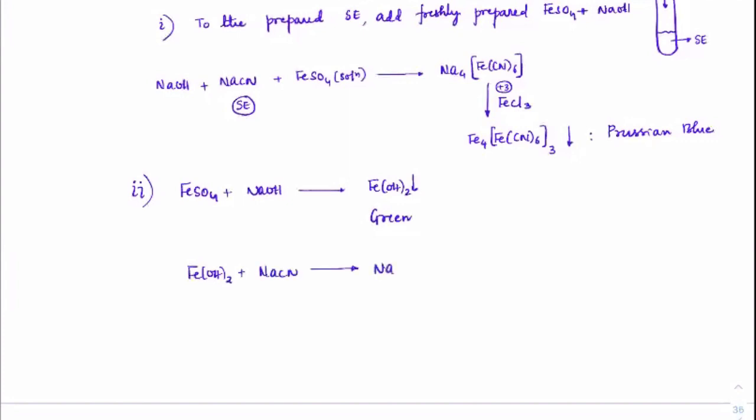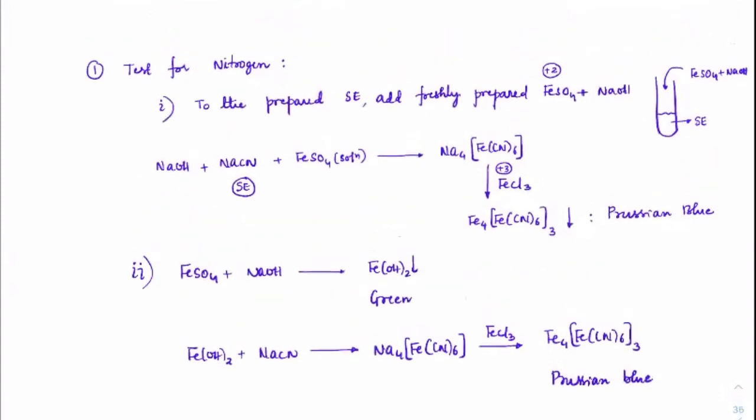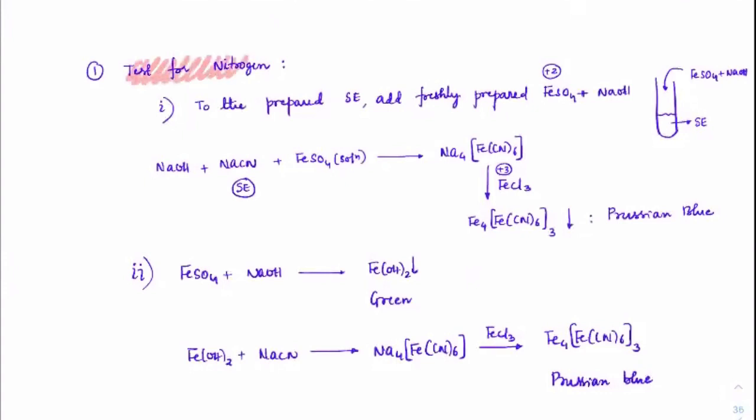Then it will become a colorless complex, [Fe(CN)6]. And then on adding FeCl3, we are getting this Prussian blue precipitate, Fe4[Fe(CN)6]3. So I guess you understood what we are doing now. This is the confirmation for nitrogen, the test for nitrogen's presence.